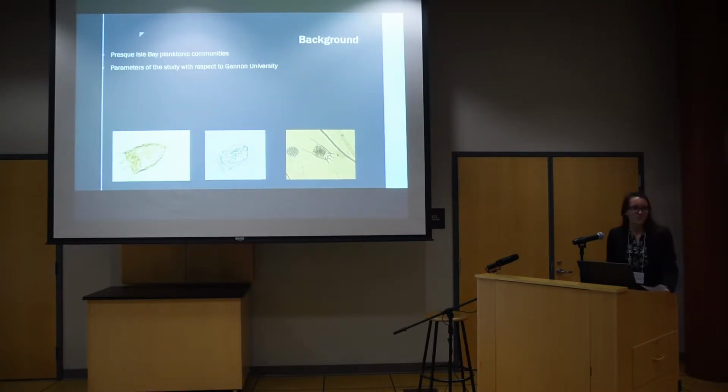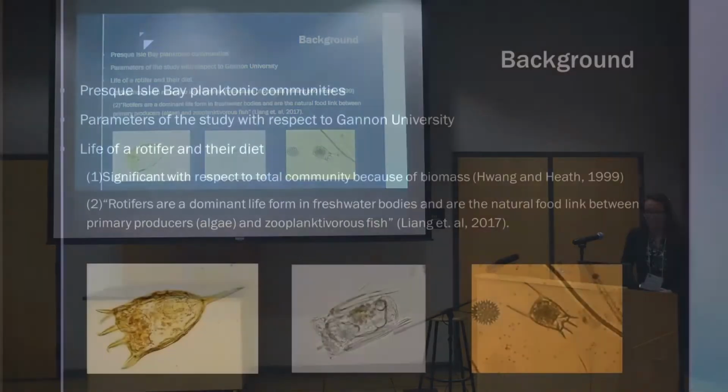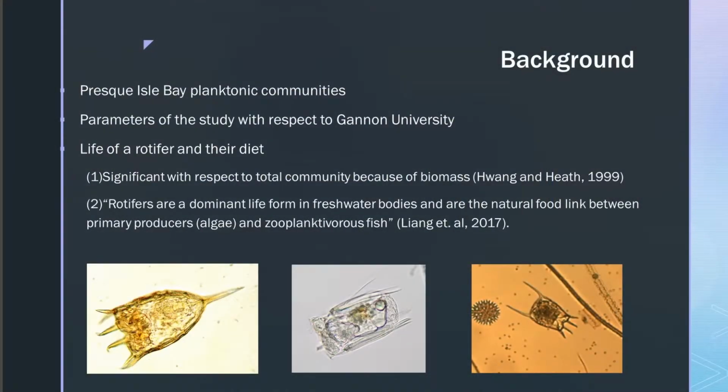So the parameters of the study, Dr. Diz and Dr. Campbell both kind of talked about it. It's a kind of predictor model, but that's not seen to fruition yet, so I won't get into it because I'm not really sure of all of the variables that go into it. And so to hone in on rotifer life, they are significant within the total planktonic community because of their biomass and their numbers.